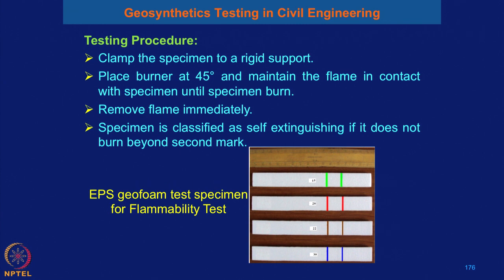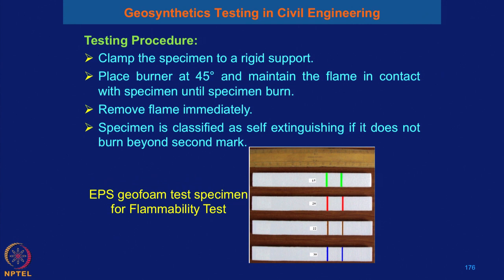The testing procedure is that you clamp the specimen to a rigid support and place the burner at an angle of 45 degrees, and maintain the flame in contact with the specimen until the specimen burns. Remove the flame immediately, and the specimen is classified as self-extinguishing if it does not burn beyond the second mark.